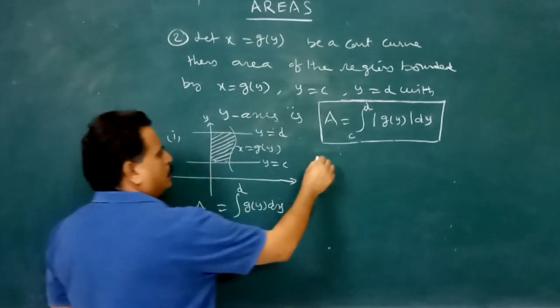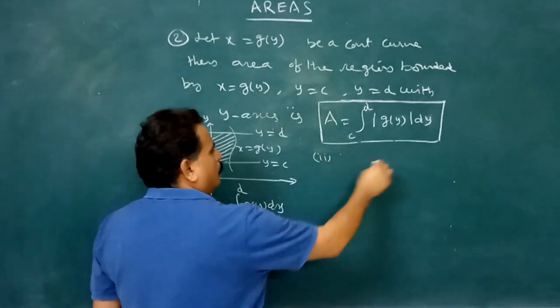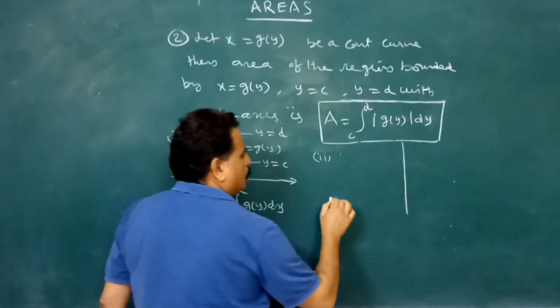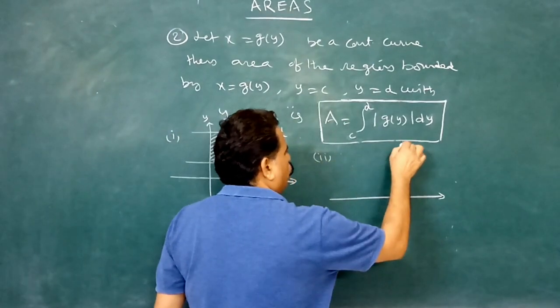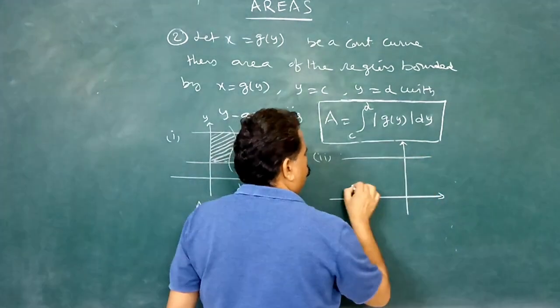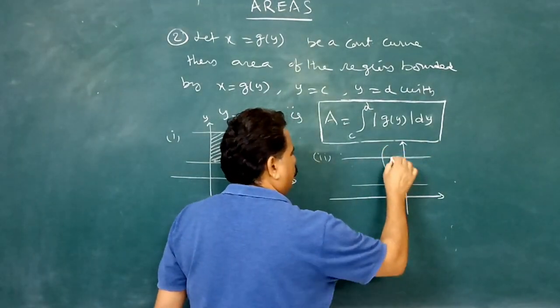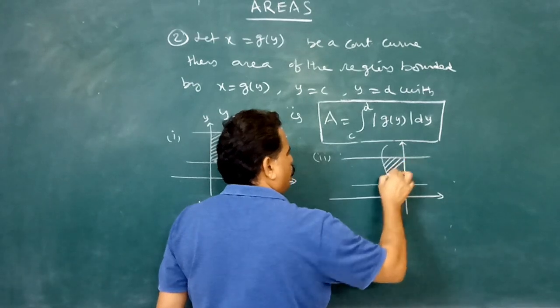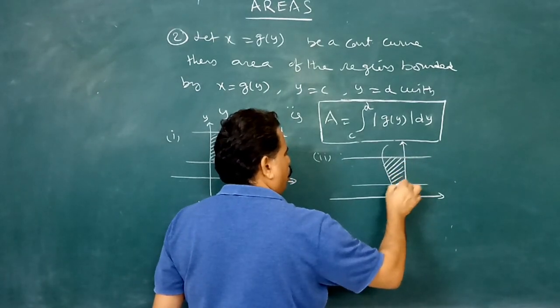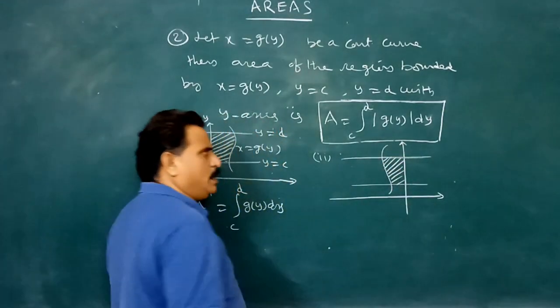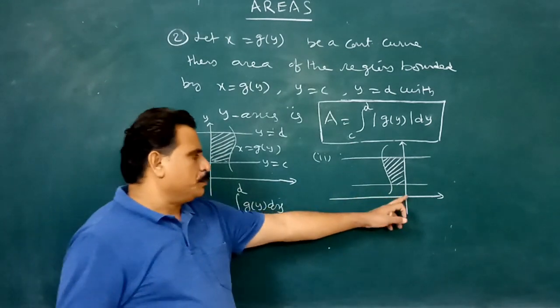Modulus is not necessarily needed there. Second case: the curve is on the left side of the y-axis between the two horizontal lines, y equal to c and y equal to d. If the curve is like this, the area is in a negative region, that means x is negative.